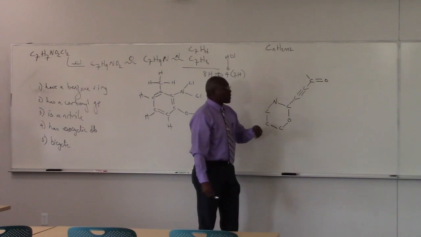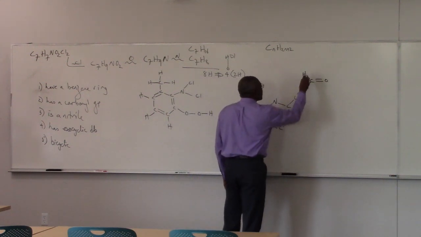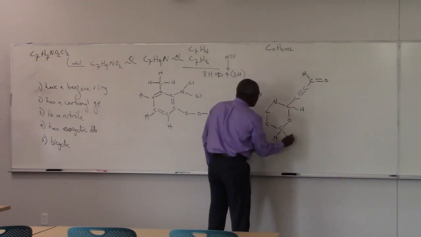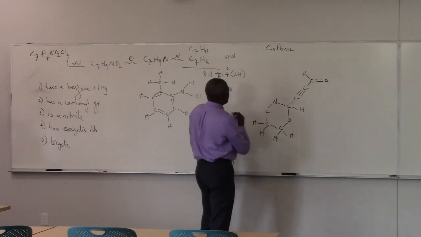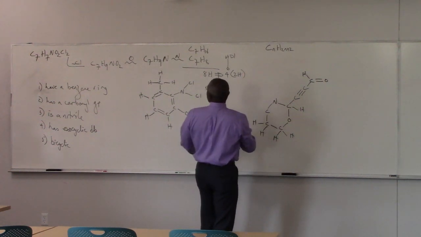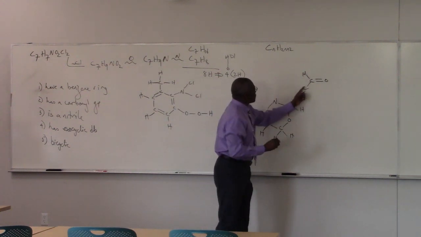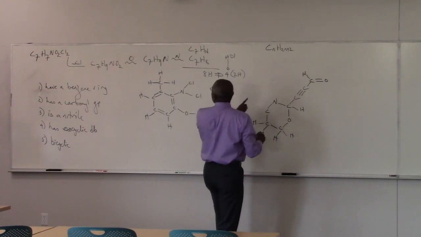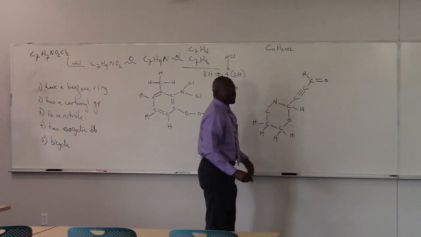So at this point, all I want to do is stick in the H's. I'll have 1 H here, 1 H here, that's 2, 3, 4, 5, 6. Oh, wait a minute, something is weird here. So 4 HDIs, 1, 2, 3, 4, 5, 6, 7 carbons, 1 N and 2 O's. I forgot my Cl's there.